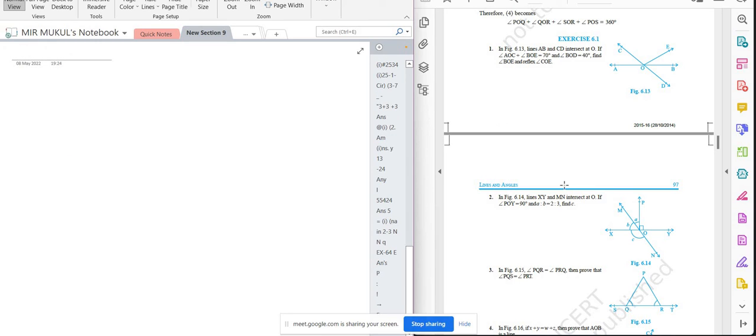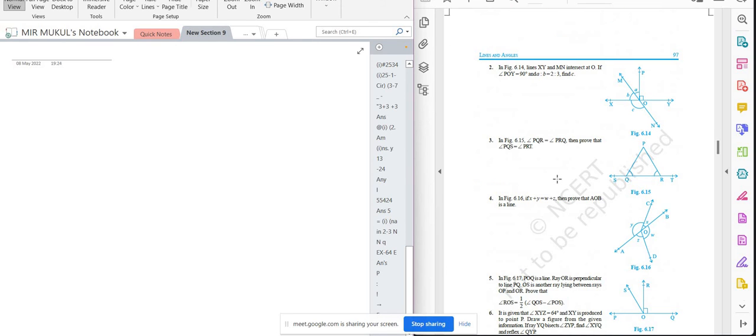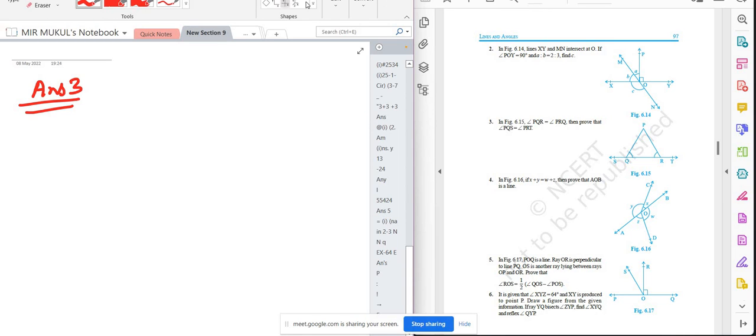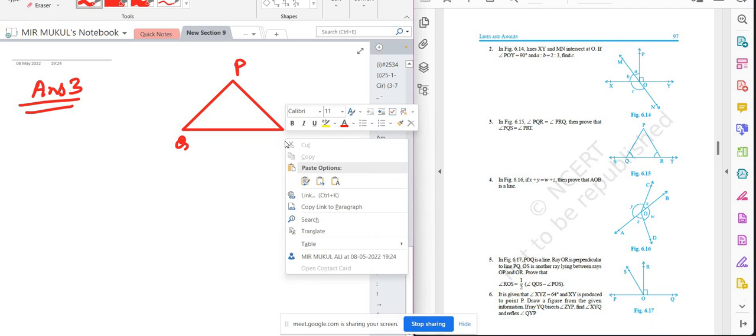Now I am doing third question. Answer 3. Alternate questions I will do, and remaining questions you will complete. So here one triangle PQR.